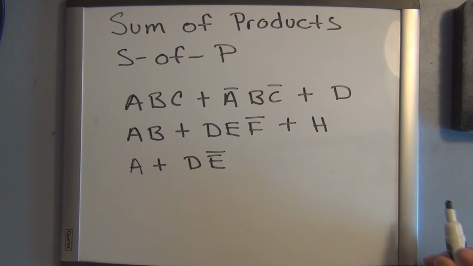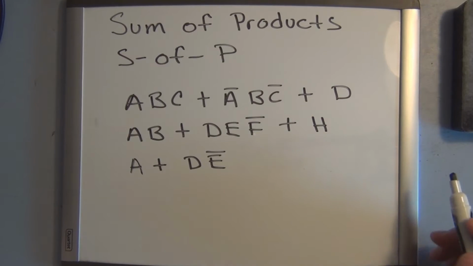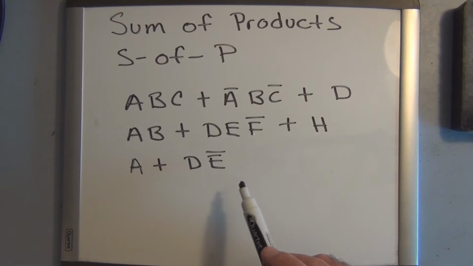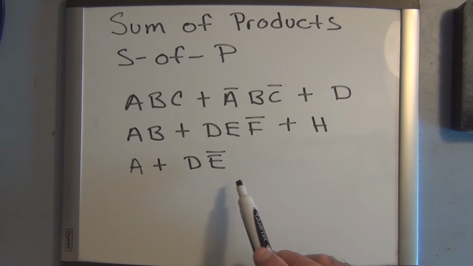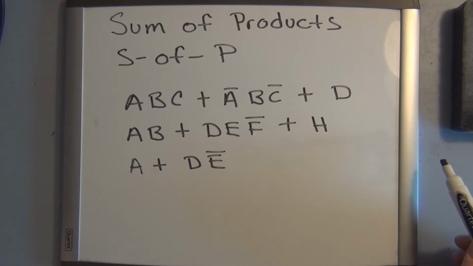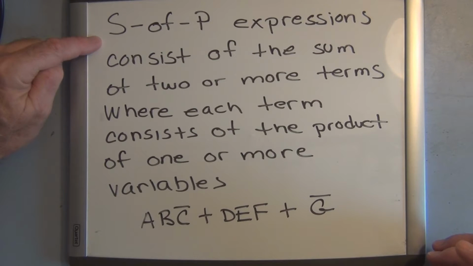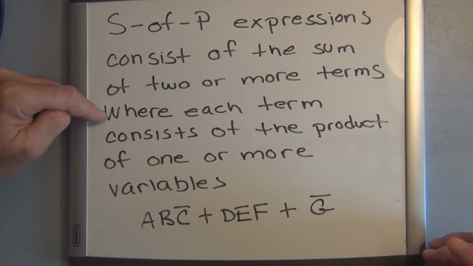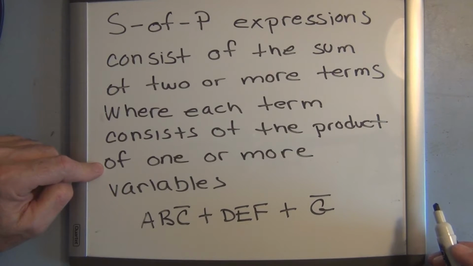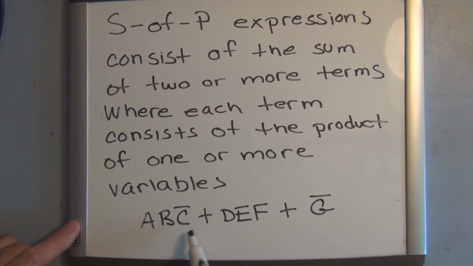Here are some examples of sum of products expressions. A sum of products expression consists of the sum of two or more terms, where each term consists of the product of one or more variables.